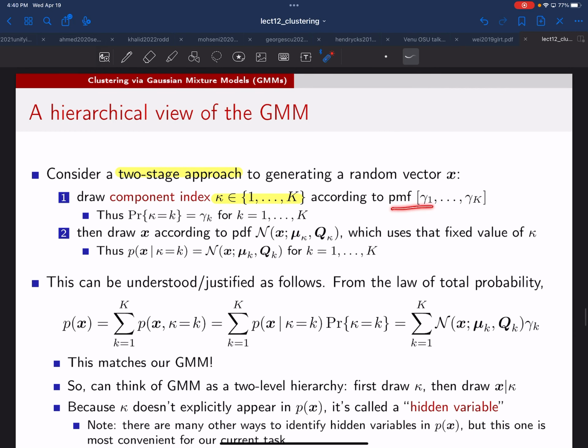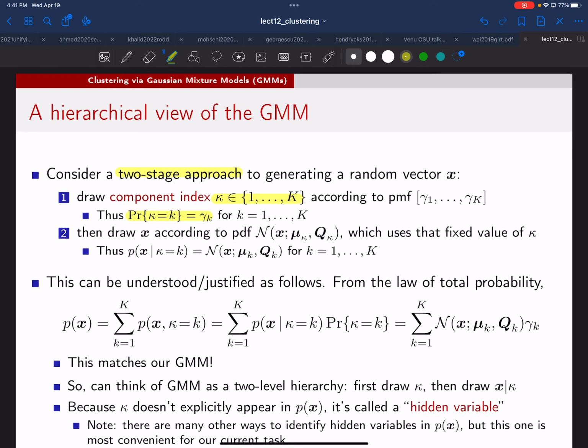Okay, so we can create this PMF, and that PMF just tells us the probability that a data sample comes from mixture 1 or mixture 2 or all the way up to mixture K. Okay, so given that PMF, this is the official definition: the probability that kappa equals K is gamma sub K. So that's a pretty straightforward thing.